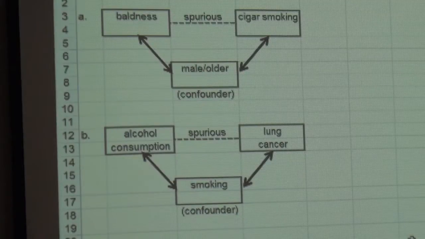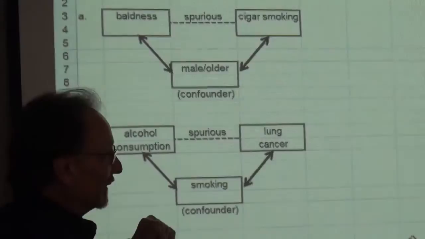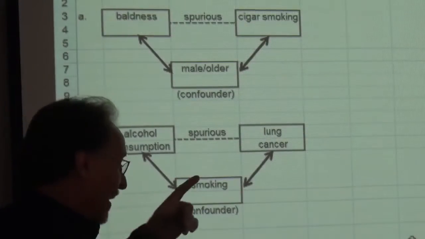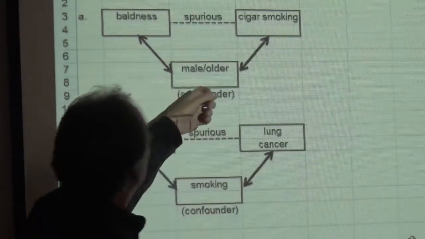Okay, yes, Sam. On the exam, if you ask us to find a confounder, can we just pick anything that we think is actually related, or are you looking for a specific answer? Well, for instance, let's say that I had asked this question on the exam, and you came up with chemotherapy. Okay, just as an example. And that's wrong. Now, the problem with it, that's not completely out in left field, but there's a problem.